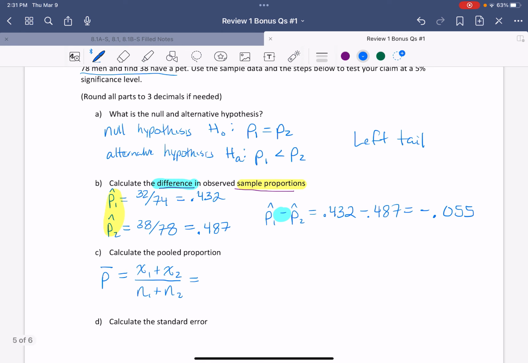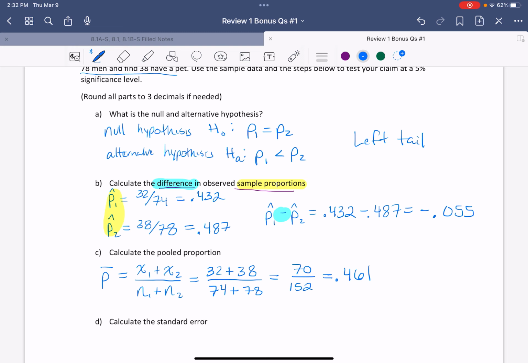So for the women, 32 had pets, plus the men, 38 had pets, over adding your n's together, where n was the sample size of each proportion. For the women, it was 74, plus for the men, it was 78. So you should get 70 over 152, which is 0.461.